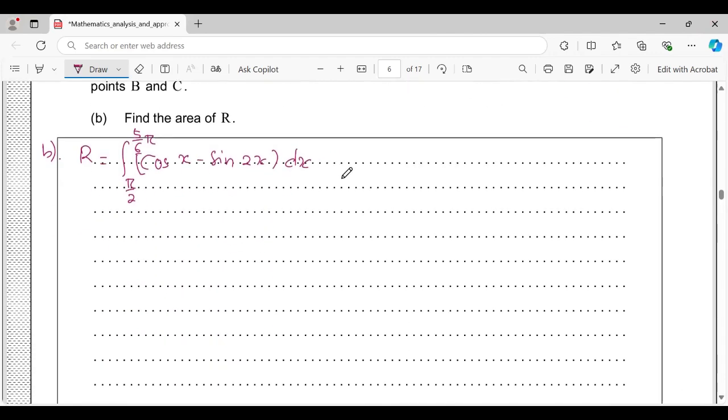Okay, let's calculate it. So it's going to be the integral from pi over 6 to 5 over 6 pi. And the integral of this expression is sine x plus half cosine 2x.